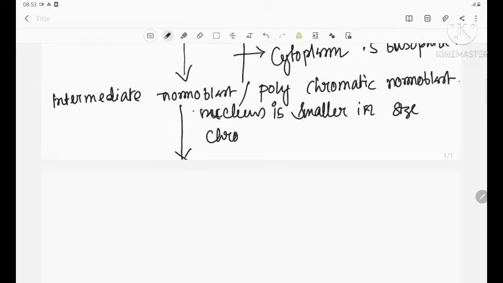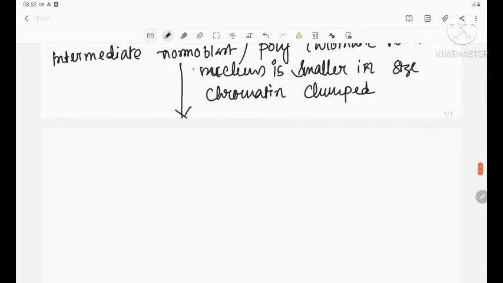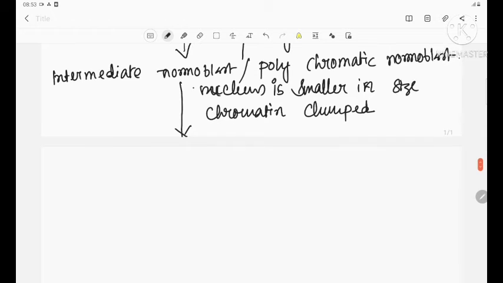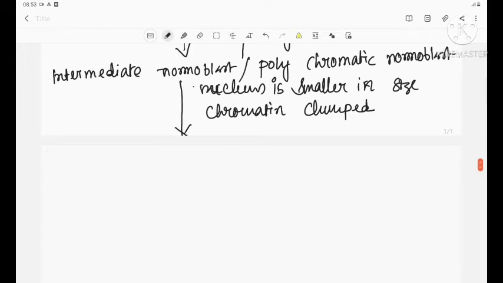Chromatin is clumped. There is appearance of hemoglobin, so there is an admixture of blue RNA and pink hemoglobin.